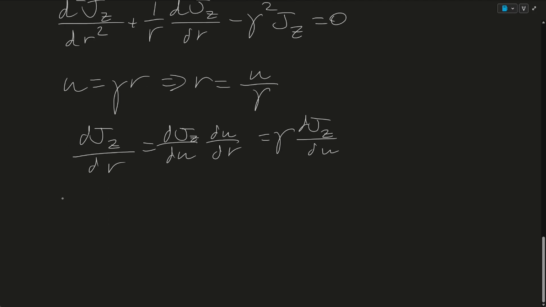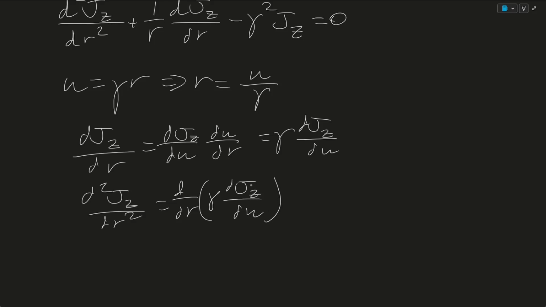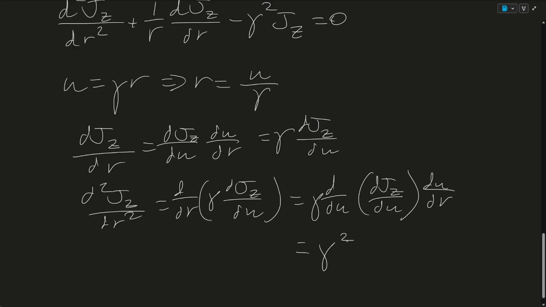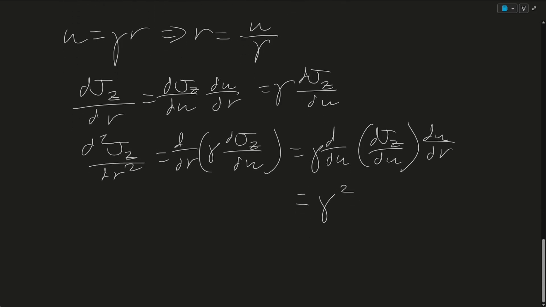Cool. d squared Jz/dr squared is equal to d/dr of gamma dJz/du from above, which is gamma d/du times du/dr, which is gamma squared, d squared Jz/du squared. Cool.